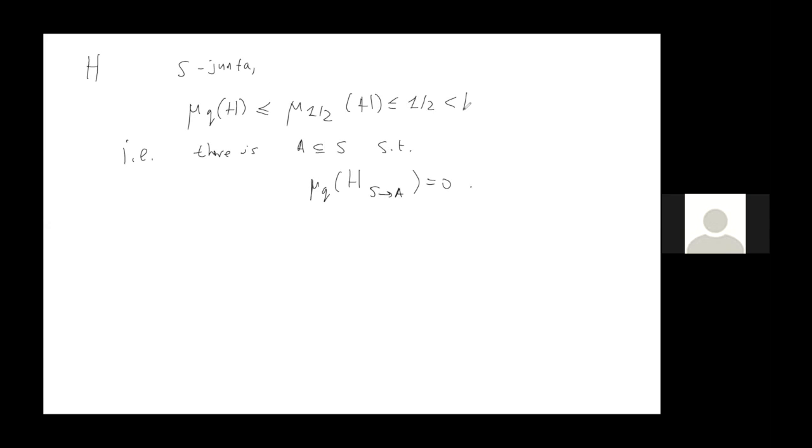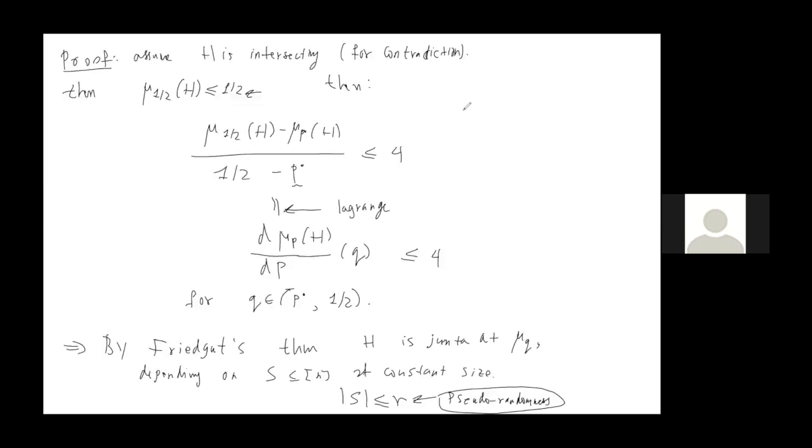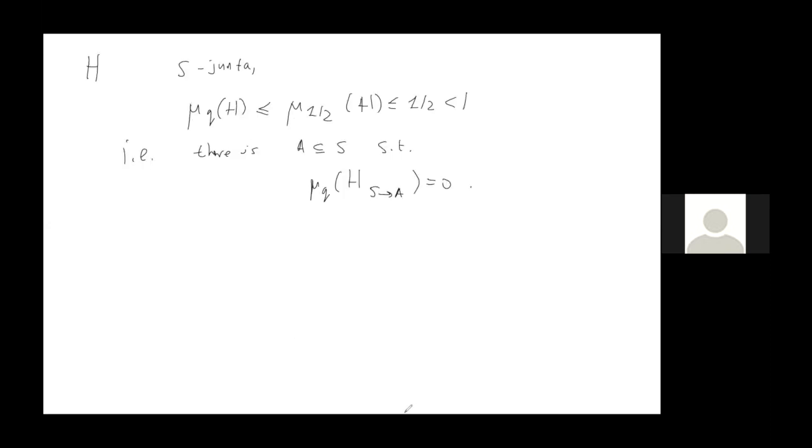Because now the proof is done in the following line. So let's look again at what we've seen. We got this set of variables S. It has a small size, at most R. And we argued that you can fix it to some specific values such that you get measure 0.